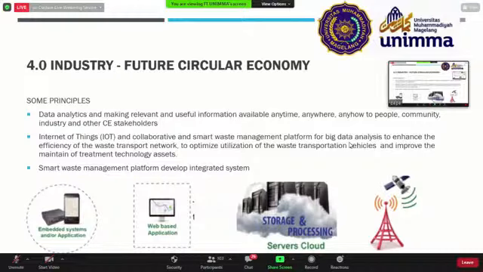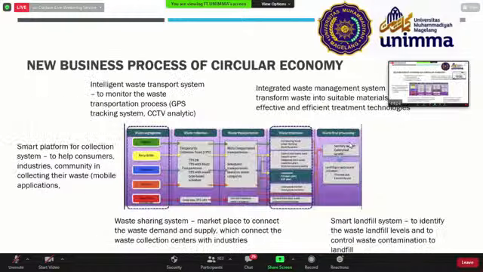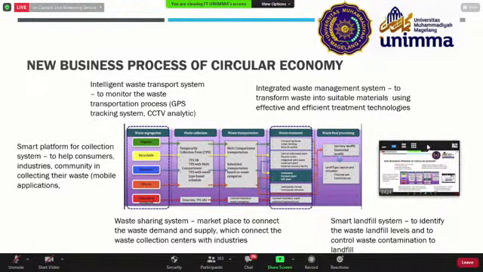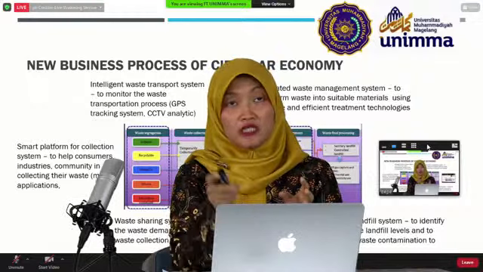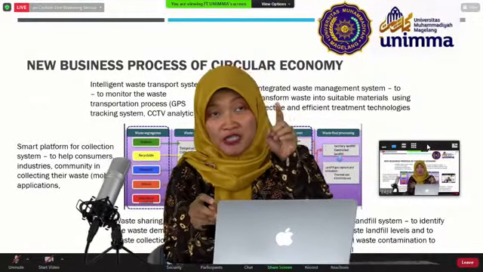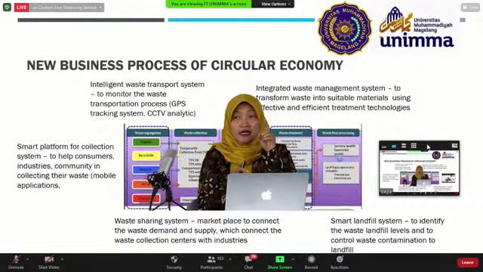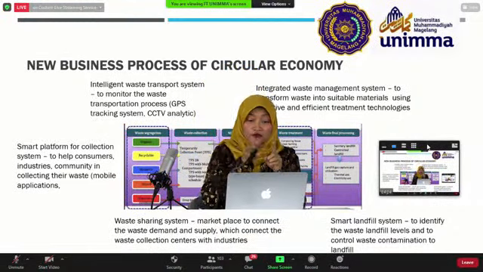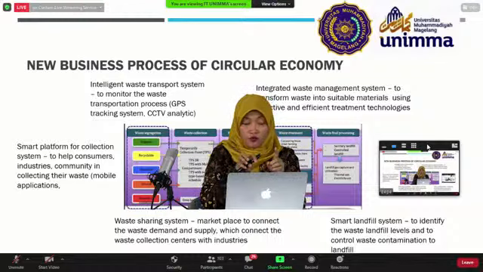And next, yes. And this is what I try to adopt the 4.0 industry in this Indonesian circular economy. So this figure is our current waste management, but this actually has additional ICT involved in this circular economy.